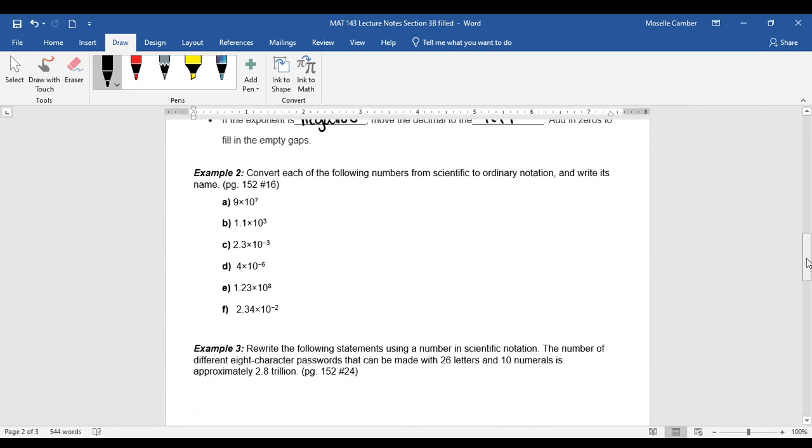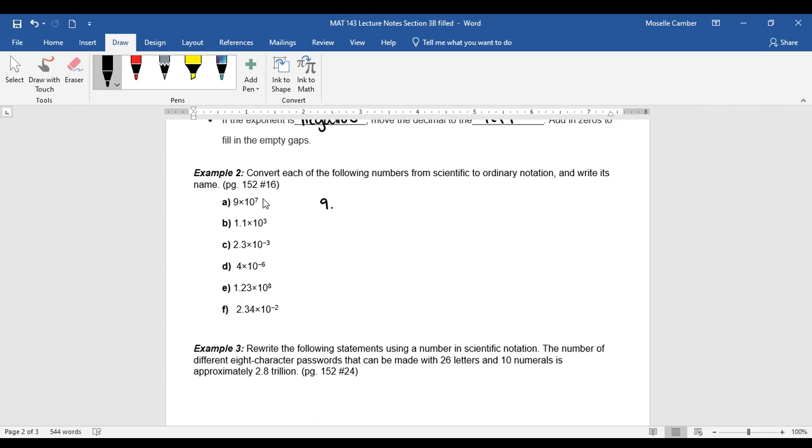So let's do some practice. We're going to convert each of these from scientific to ordinary notation, and then we're going to go ahead and write its name in words. So 9 times 10 to the 7th, we're actually physically going to do 9 times 10 to the 7th. You could put it in your calculator, but you're not guaranteed to get anything. So I'm going to put the number here. Right now, the decimal point is right here.